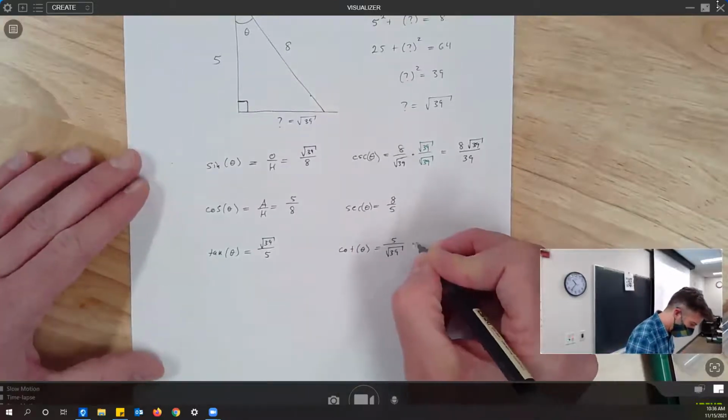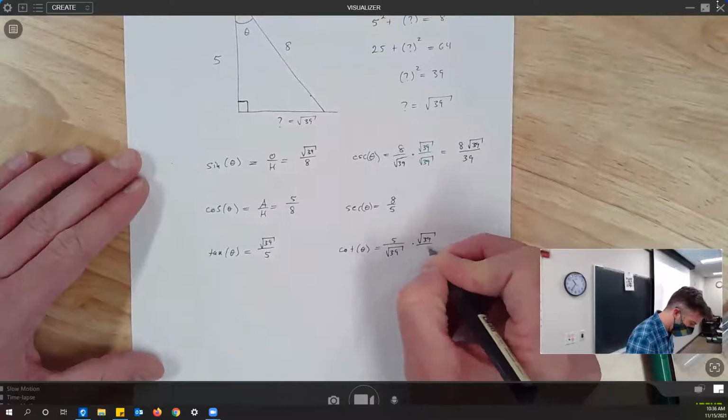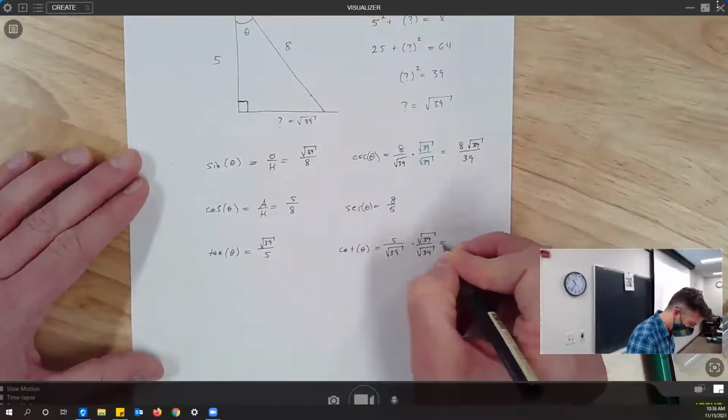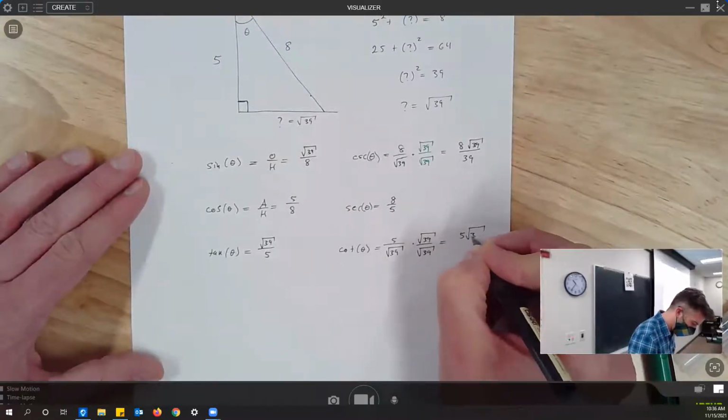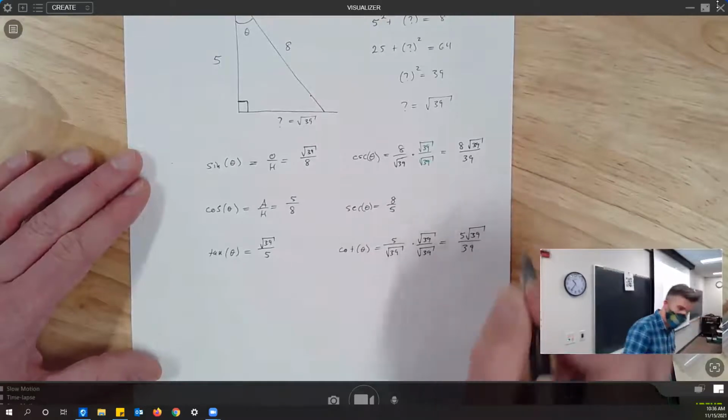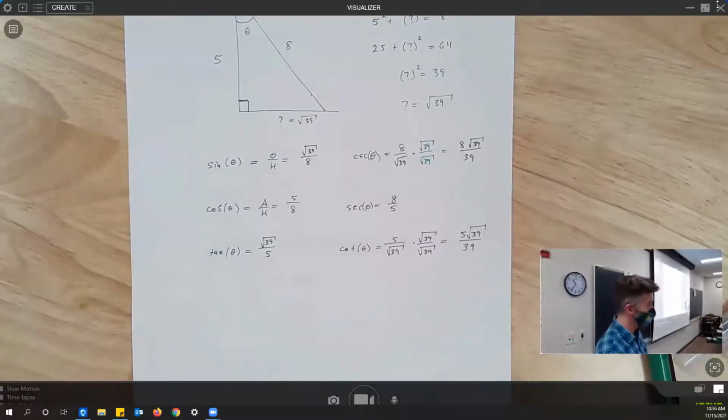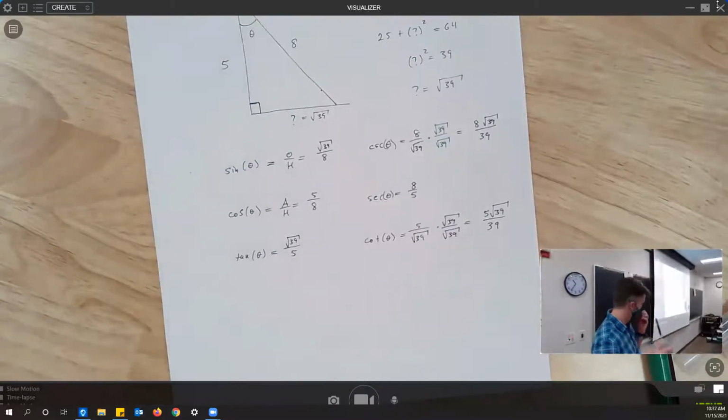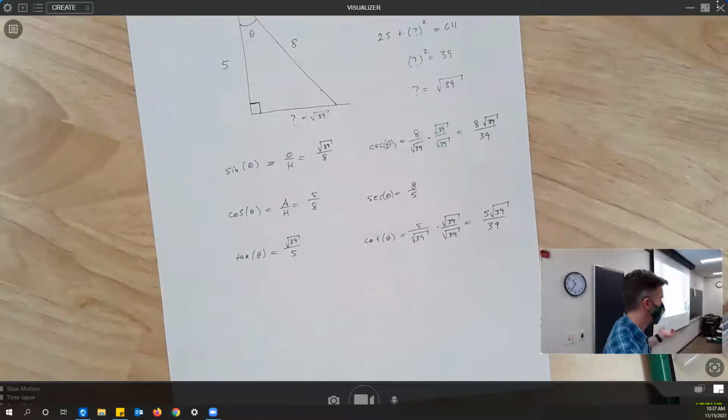This one I would multiply by root 39 over root 39 as well and get 5 root 39 over 39. We only do this if there's a square root in the denominator, because we only care about rationalizing the denominator. We don't care if there's a root in the numerator. There has to be a root somewhere sometimes.